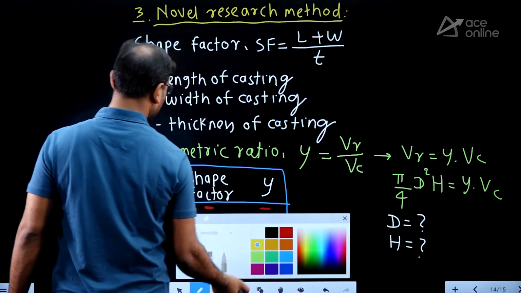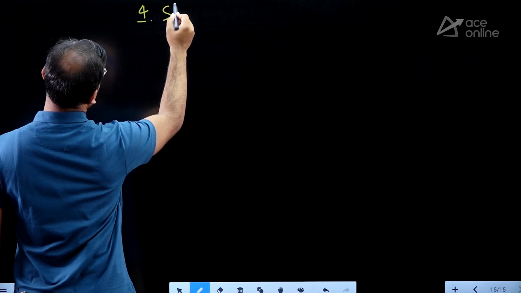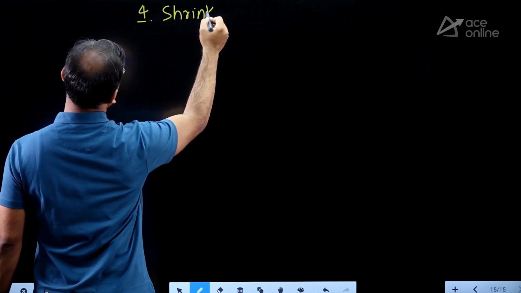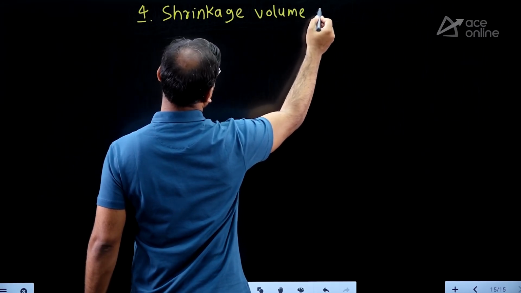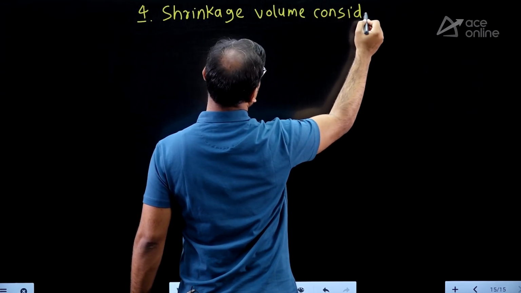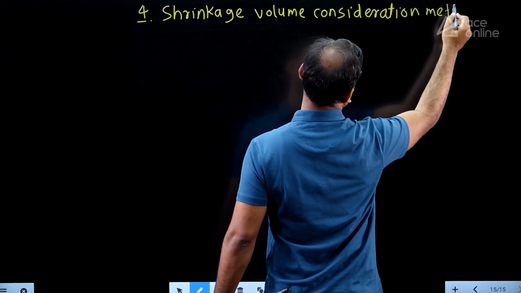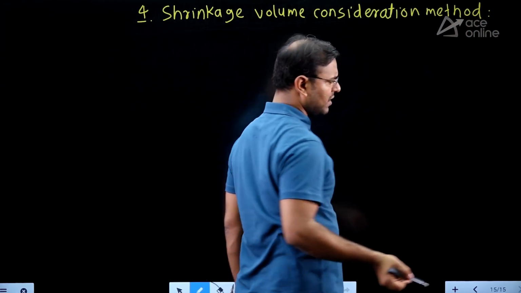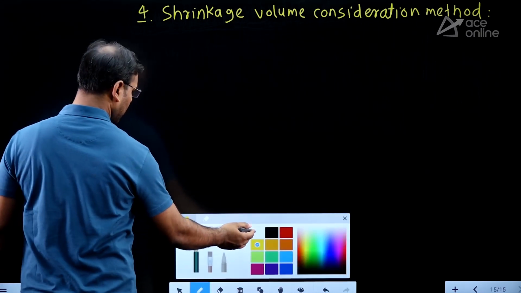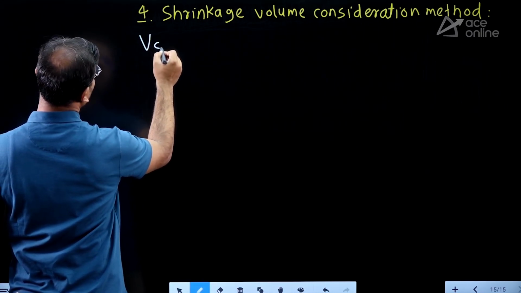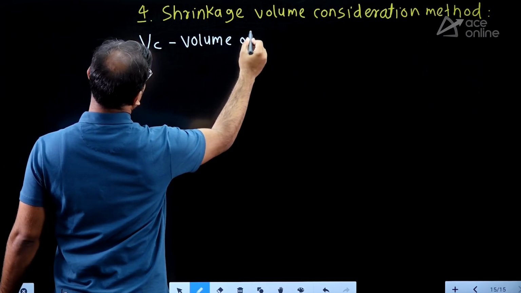Now the very interesting method, the fourth method, I am going to write here: shrinkage volume consideration method. Now in the shrinkage volume consideration method, Vc is most important, which is given in the numerical: volume of casting.